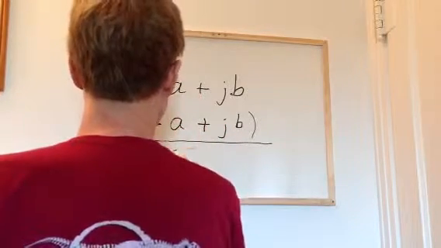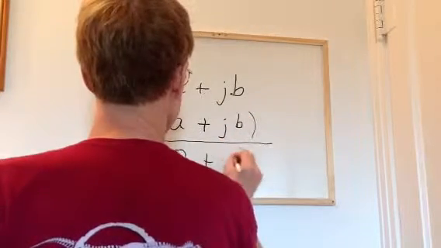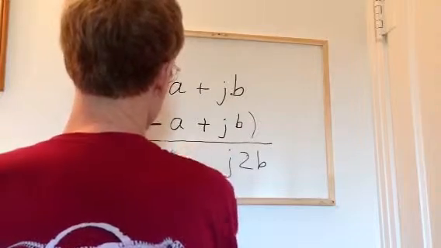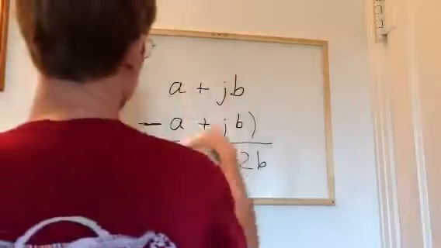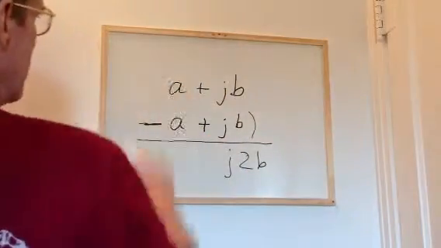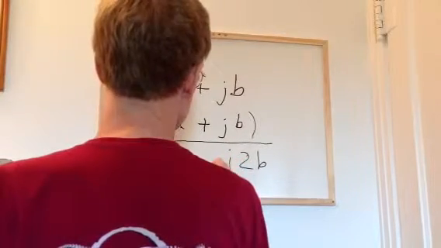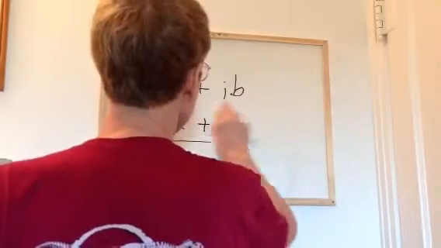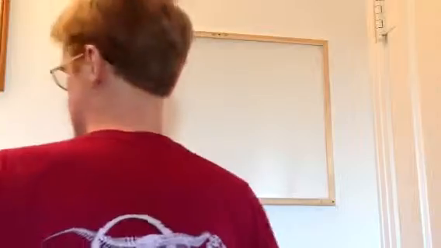And when we do that, we get 0 plus j2B, or the pure imaginary number j2B. That's if we subtract in that order. If we reverse the order of the subtraction, we're going to get minus j2B. You can verify that for yourself.